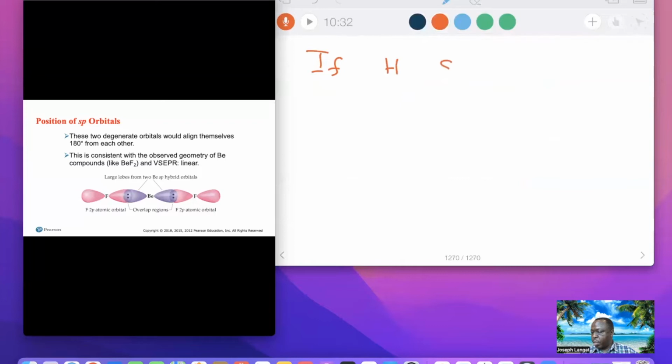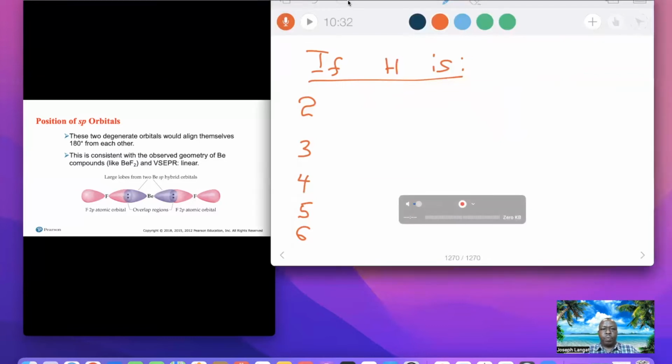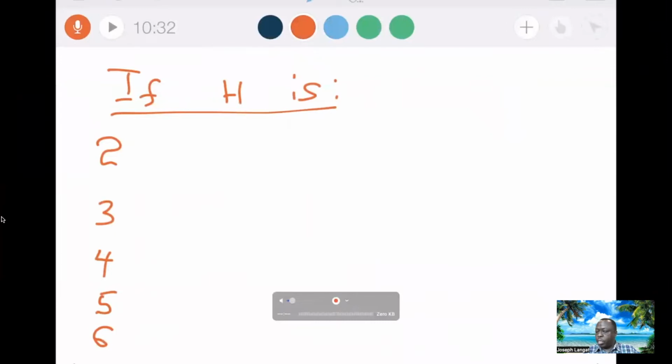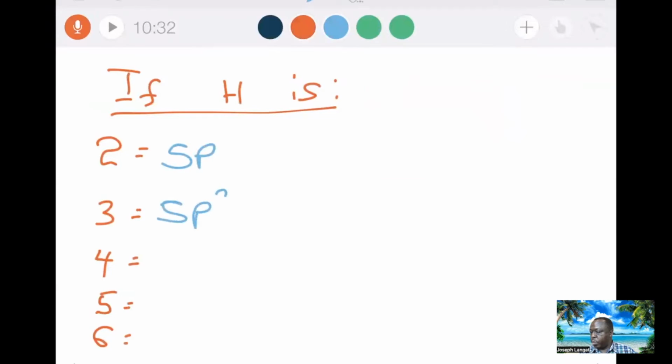If you end up with a numerical value of 2, 3, 4, 5, 6, the hybridization is, you need to learn this, sp, sp2, sp3, sp3d, sp3d2.